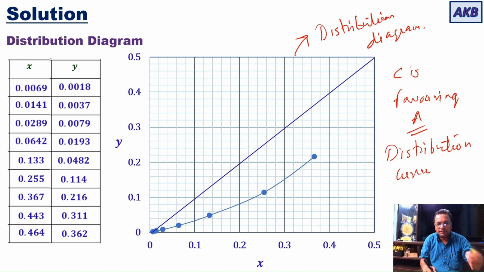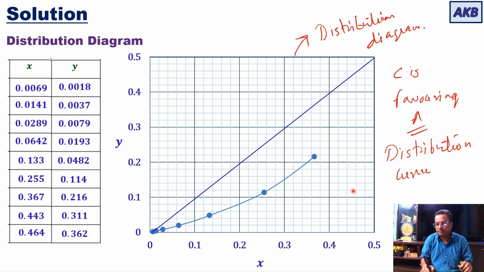The Turner equilibrium data, you can convert to weight fractions of C in the water rich layer and isopropyl ether rich layer, and then you can plot x and y values.